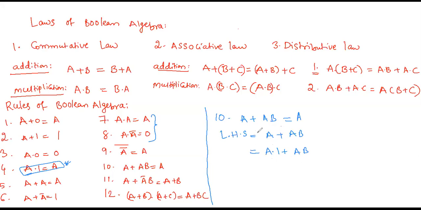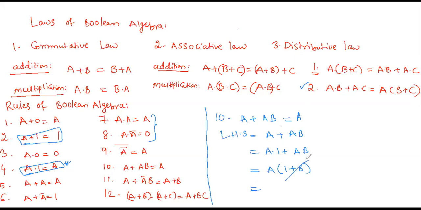Now, from rule number 2 of the distributive law, you can take A common. Because A is common, you can write A into 1 plus B. Now, what is 1 plus B? 1 plus B is 1 only.